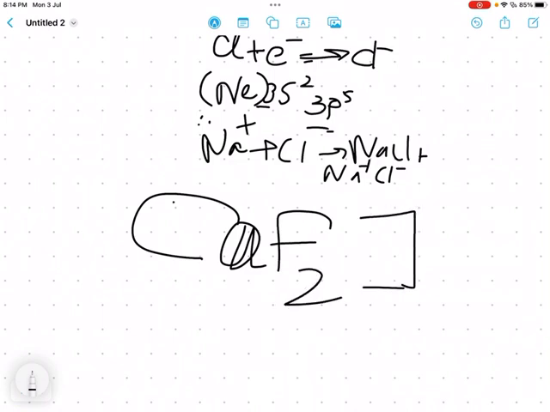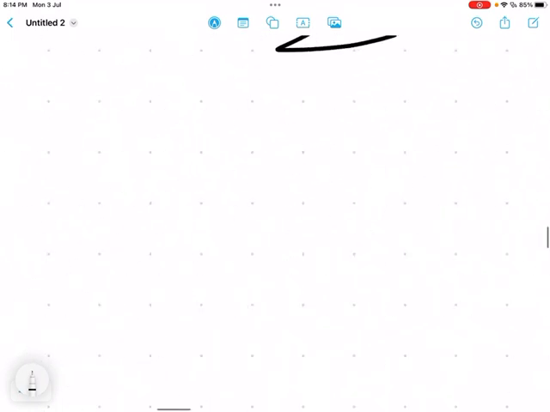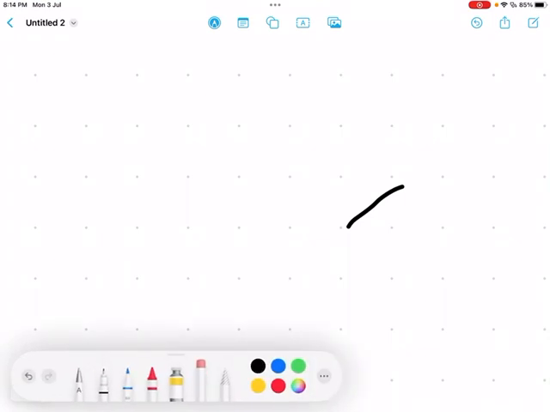The bond formed as a result of electrostatic attraction between the positive and negative ions is termed the electrovalent bond. So it's very important.